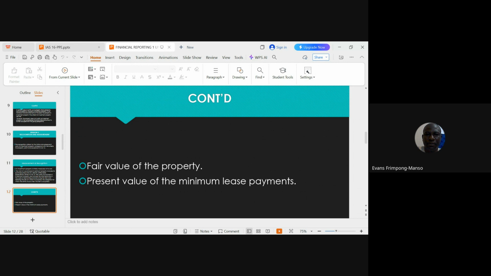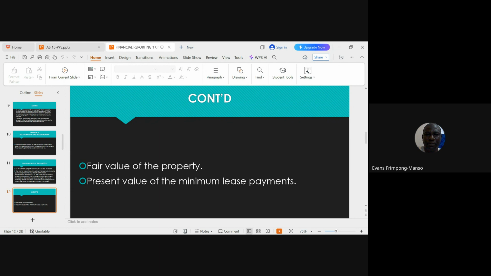When you rent something, you pay rental charges. So when you know the income that you are going to get from the lease of that property, you can value it using what we call the present value. Now, present value means you discount future cash flows. You use a discount factor on future cash flows and you bring it to its present value.